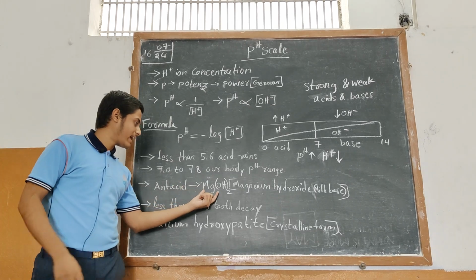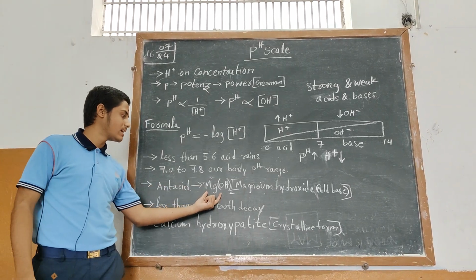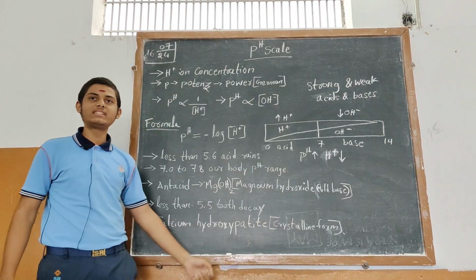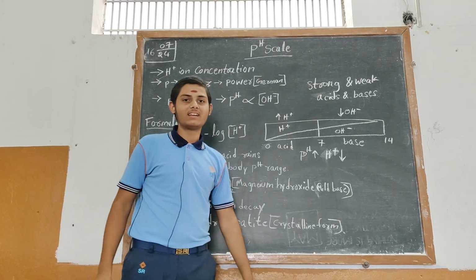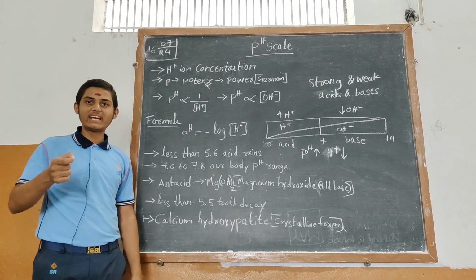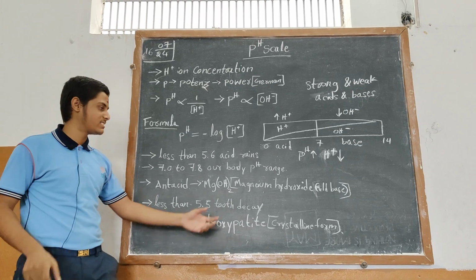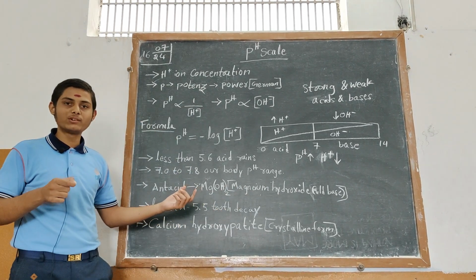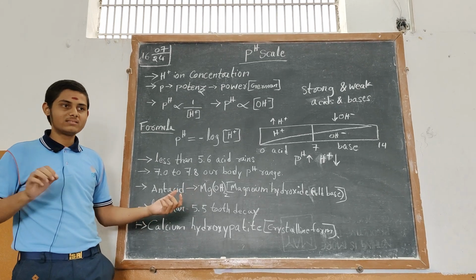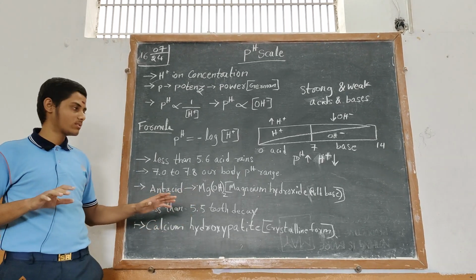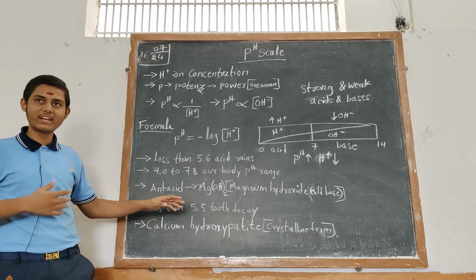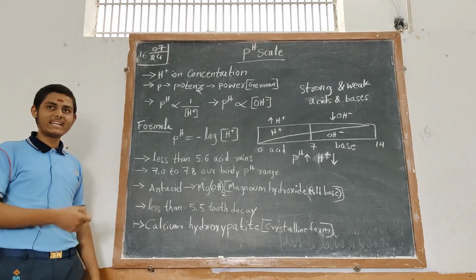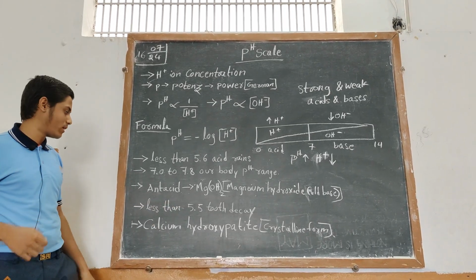A part of an antacid is magnesium hydroxide, which is a mild base. If you take that, it will decrease the concentration of H plus ions. HCl is an acid, so with this mild base it can be neutralized, and it lowers the pain and irritation in our stomach. Okay, that is the pH in our stomach, in our body.